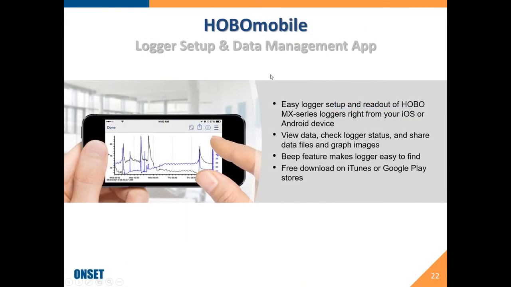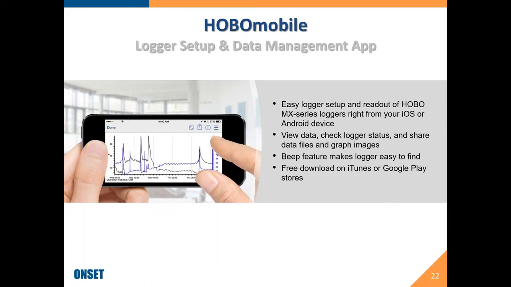HOBO Mobile is our application support for both the MX series indoor loggers and the MX2300 series outdoor loggers. Same interface, easy to use, easy to set up. They work, again, as we said, on the Apple iOS operating system or Android devices with Bluetooth.